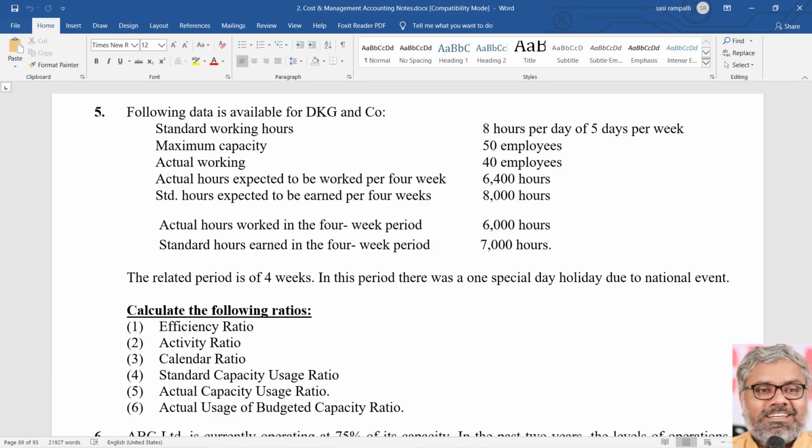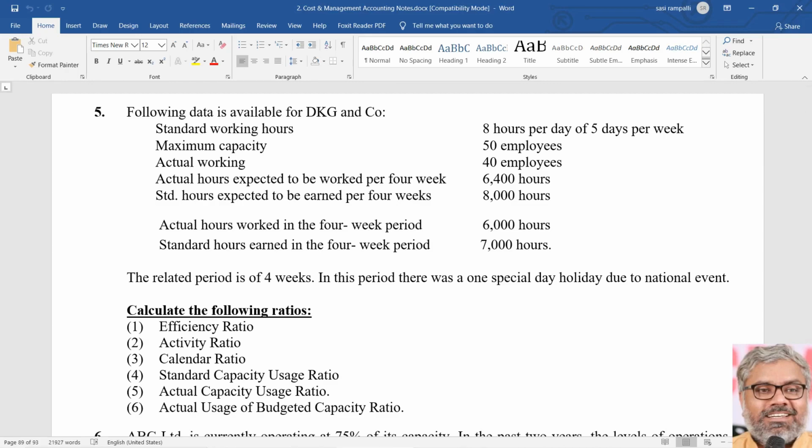Be very clear, that is misleading, unnecessary information. But we can say that can be the maximum number of hours totally. If all 50 employees are working, then yes, that 8,000 is possible. But that is not standard hours required for actual output at all.